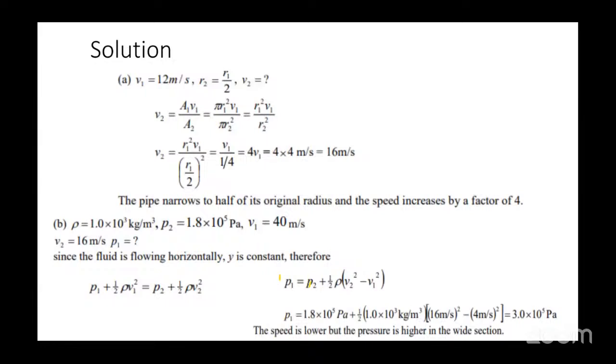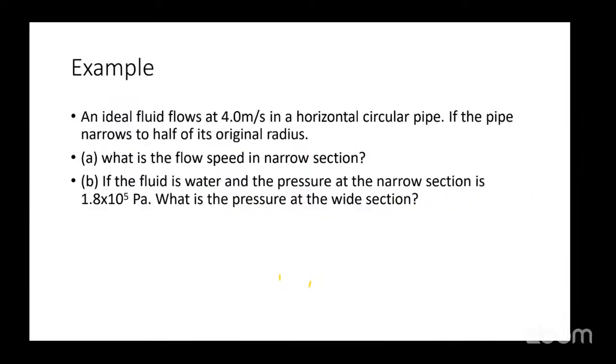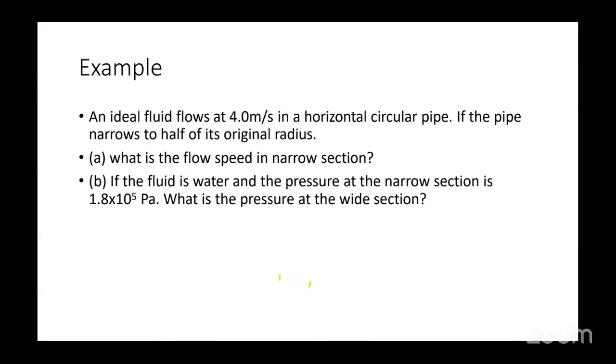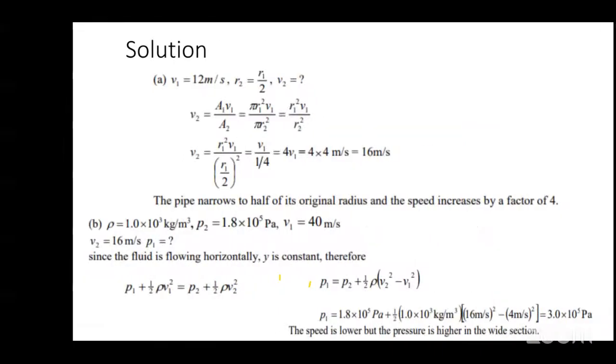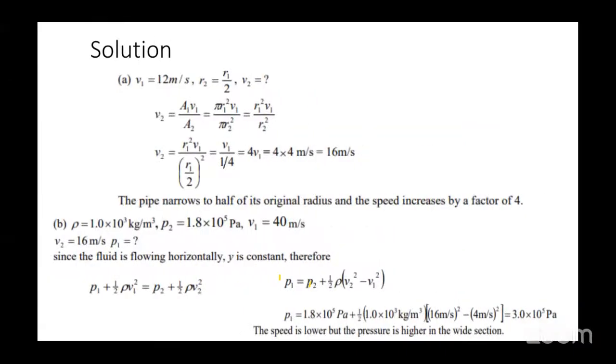Now, when you want to solve, consider the statement that says horizontal circular pipe. Since the pipe is horizontal, it implies that in the Bernoulli equation, the change in the height will become 0, because the pipe is laid horizontal.